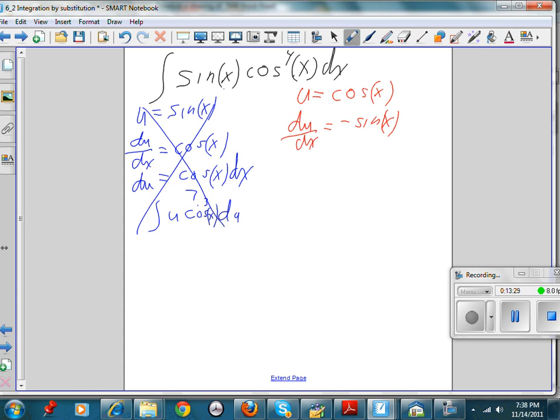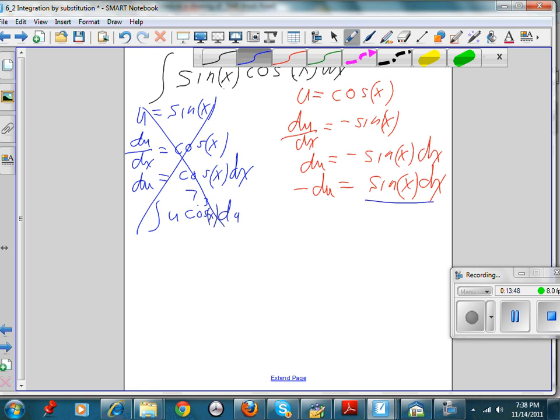So I'll skip the step of multiplying through, but du is minus sine of x dx. And now I'm going to say a negative du is equal to the sine of x dx. This is the way I do it. Again, what do I call it? Yep, that's right, the knockout. Sine of x dx is minus du.